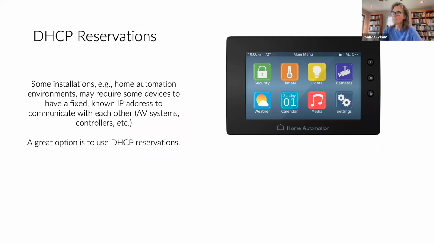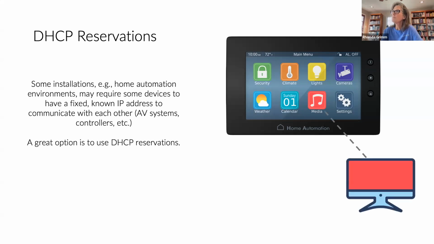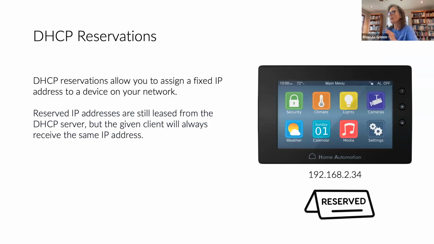So one option is to use DHCP reservations. And those are good because it basically says, controller, you will always have the same address. It is like a reservation, and no matter what, I will always have .34. And that way, all the devices who need it can rely on it and not have to worry.